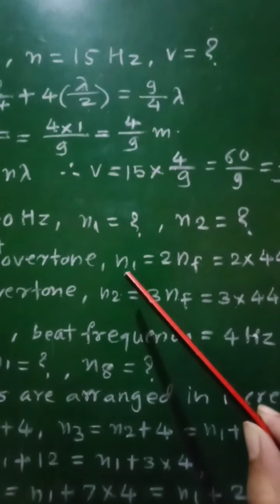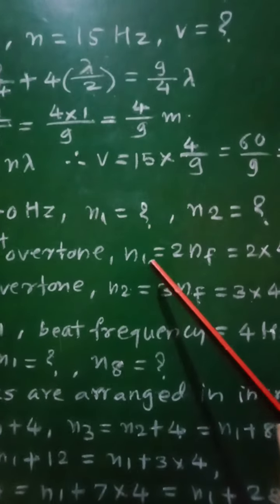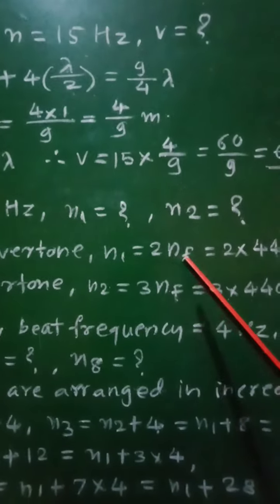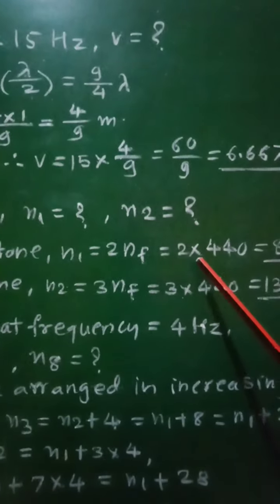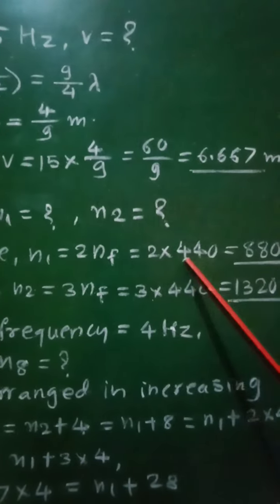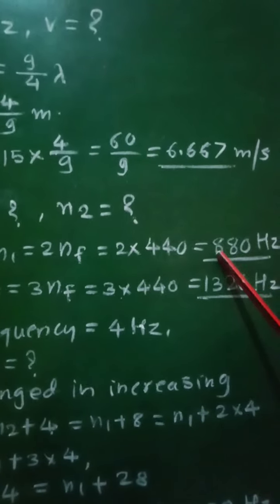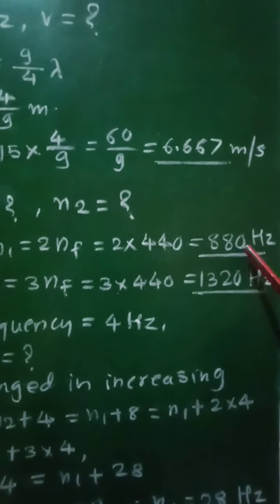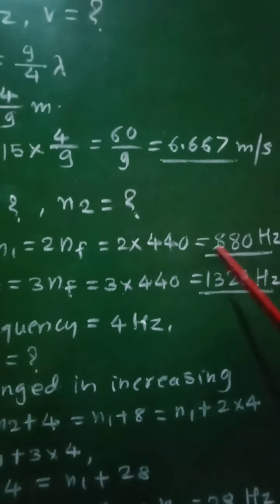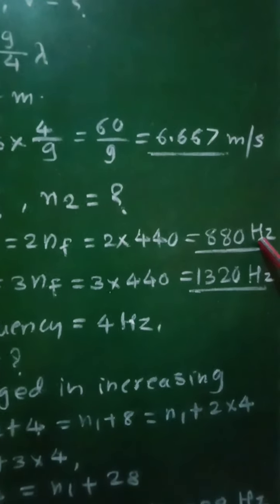Therefore frequency of first overtone N1 equals 2 times the fundamental frequency, which is 2 into 440, which comes out to be 880 Hz. So N1 is equal to 880 Hz.